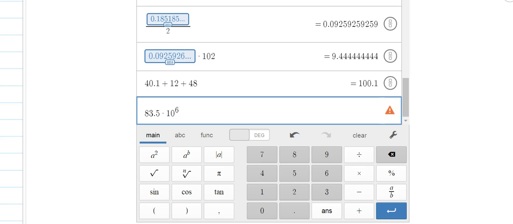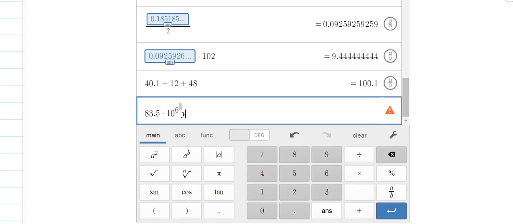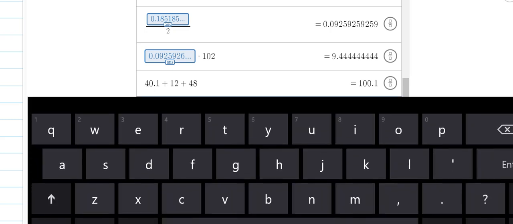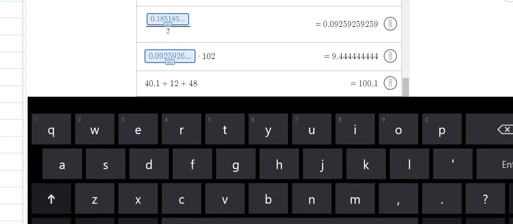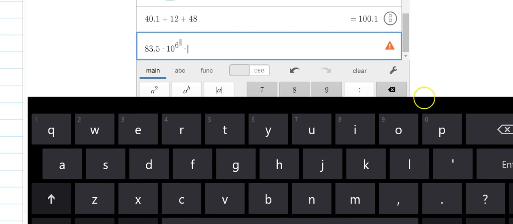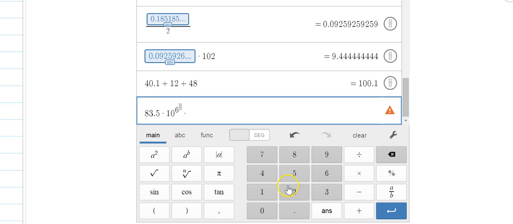So again, know how to use your calculators, yeah? Don't be me. I just need to go down again. Times, hang on, sorry, times 100.1.